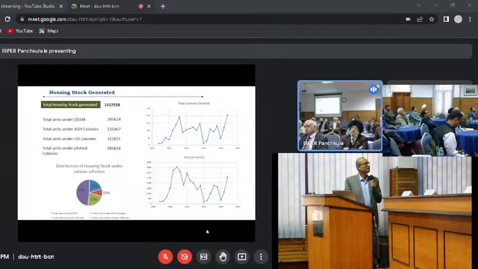In terms of the housing stock generated and the licenses granted, we are right now at the peak. The previous peak was 192 licenses in the year 2008. This year we are already at close to 205.